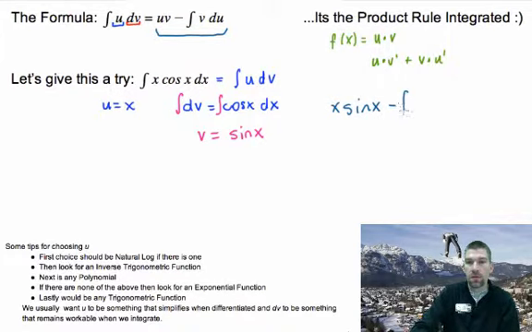minus the integral. And then I need v du, but I don't have du. So back over here to this guy, take the derivative of both sides. So du dx equals 1 and du equals dx.